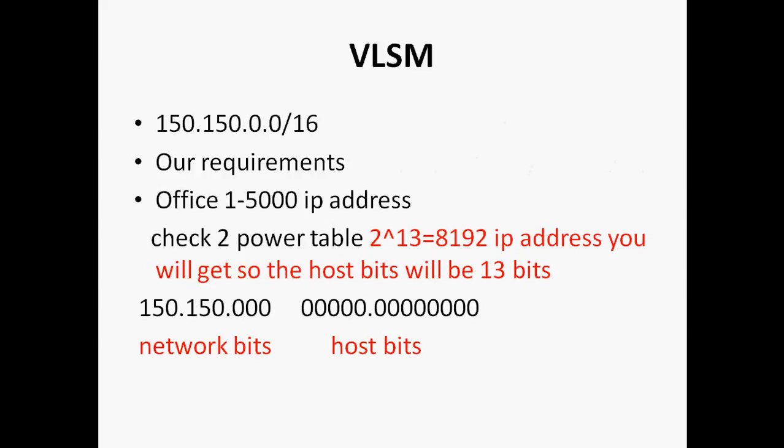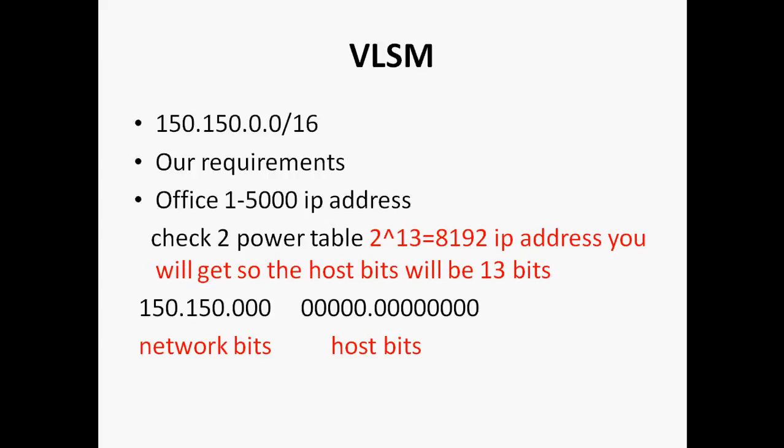That means the host bits should be 13 bits and all the remaining bits should be borrowed from host bits to network bits. By default in class B, 16 bits are host bits, but here I need only 13 bits to satisfy this condition. So the remaining 3 bits I can borrow from host bits to network bits.